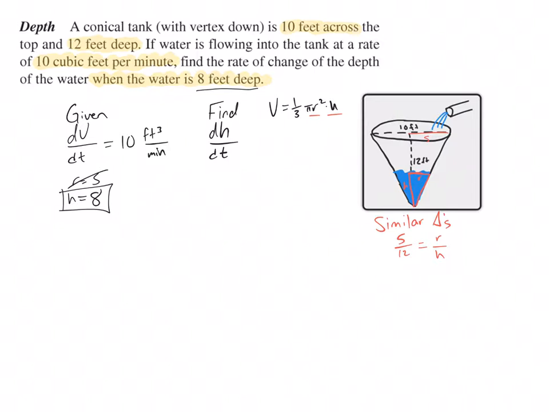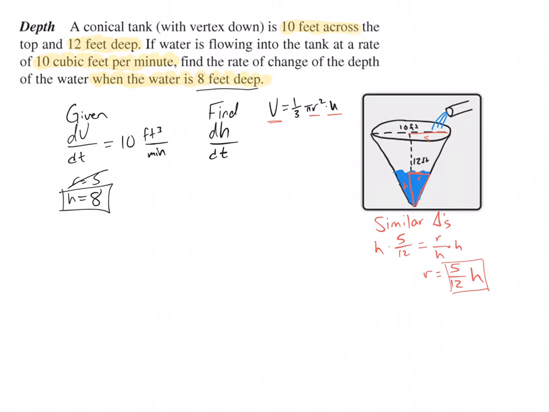So if we want to ultimately write the volume with respect to only the height, then I want to solve this for r. If I multiply both sides by h, I get that the radius is always 5/12 of the height.